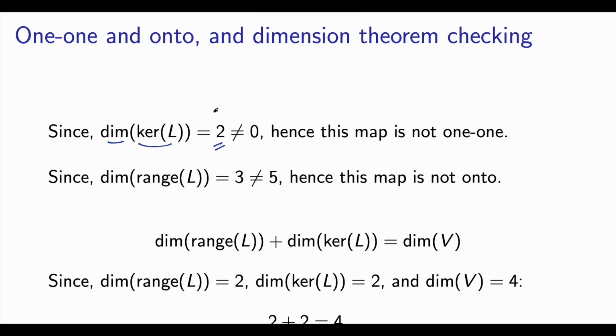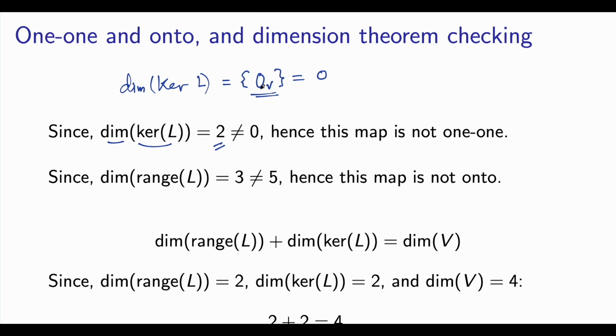Just now we have seen a result: L is one-to-one if the kernel of L consists of the zero vector only, right? So in that case, what is the dimension of this set? The dimension of this will be only 0, right?